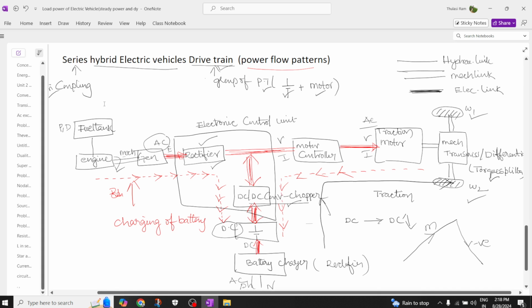This completely is called powertrain 1, and this part is called powertrain 2. That's how we constructed powertrain 1 and powertrain 2. This group of powertrains we are going to call the hybrid electric drivetrain. This is called drivetrain. This is all about series hybrid electric vehicle power flows while charging of the battery and the traction flow.